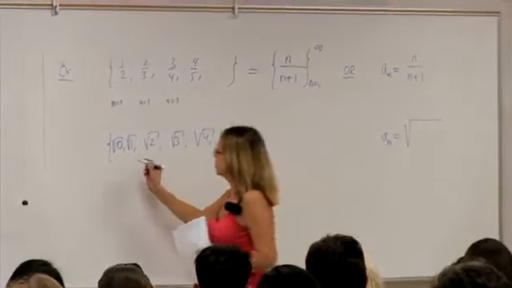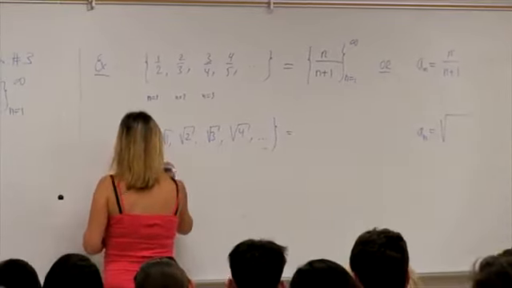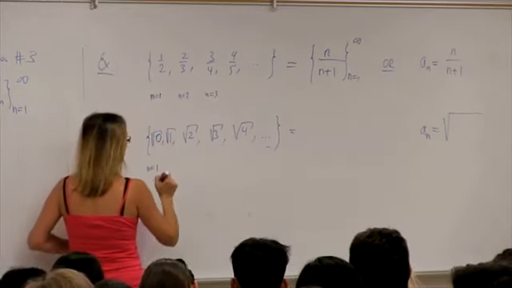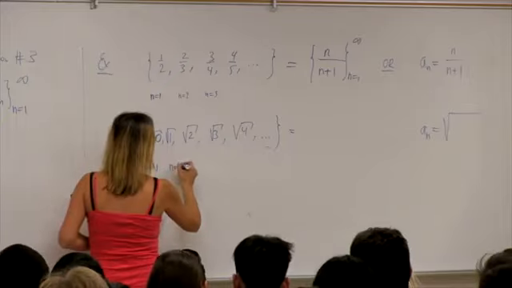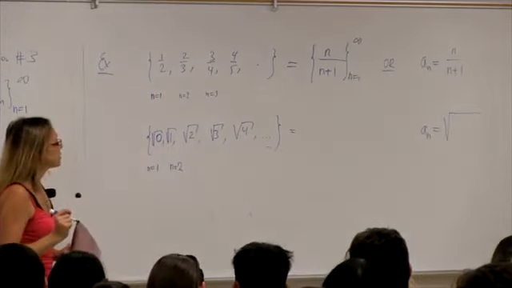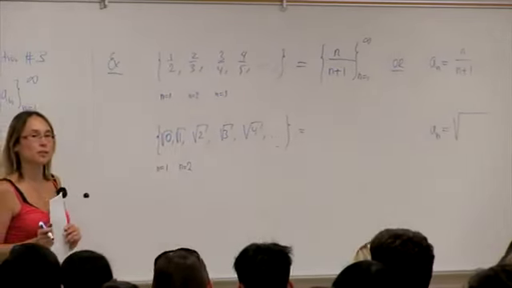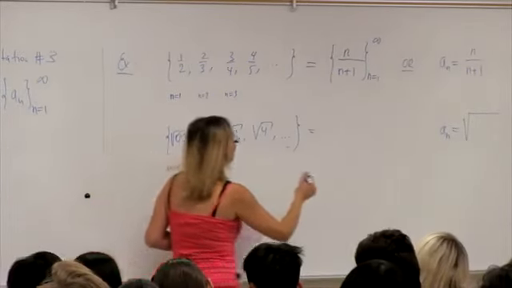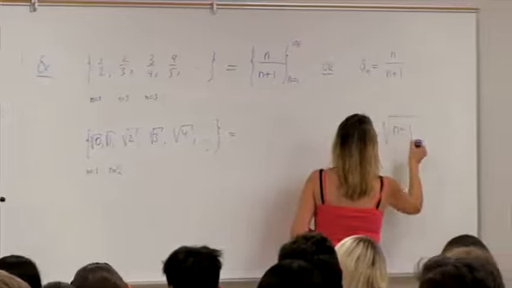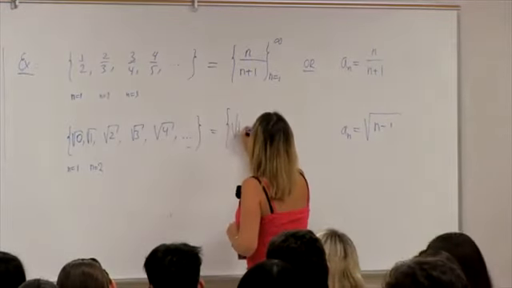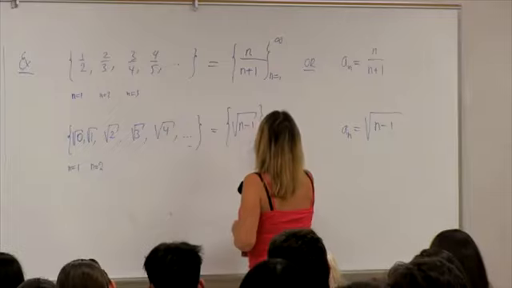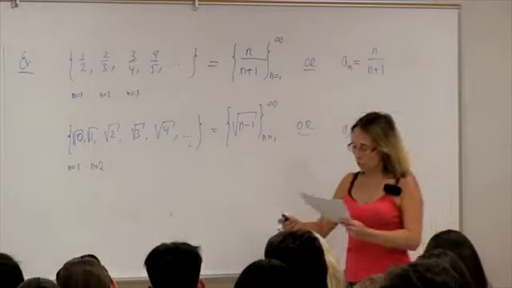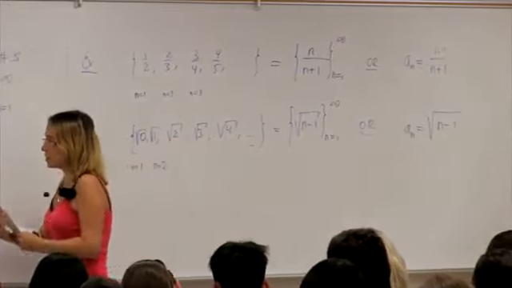Of what? So when n equals 1, we have a square root of 0. n equals 2, we have a square root of 1. So what is the square root of for a general n? n minus 1. Okay, so we can say that this is square root of n minus 1 from 1 to infinity. Okay? So we're going from particular to general.